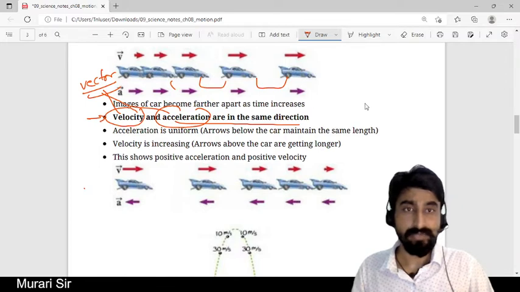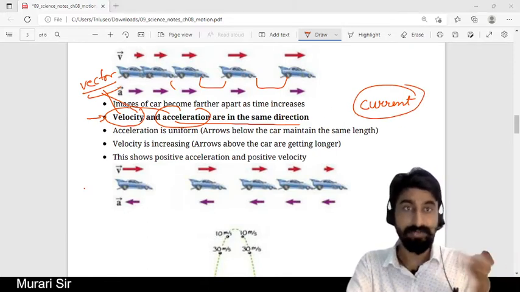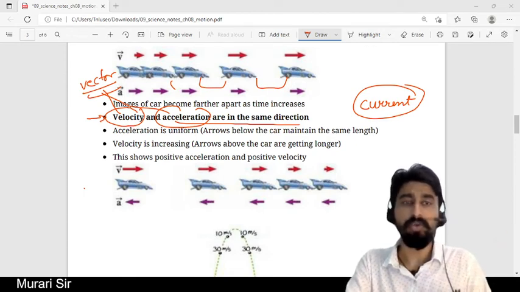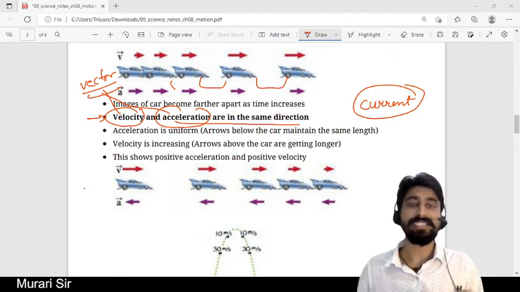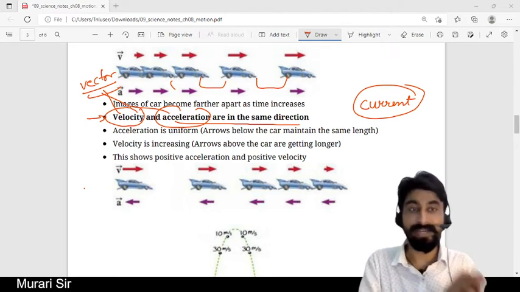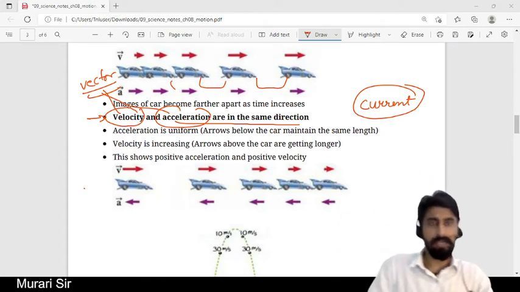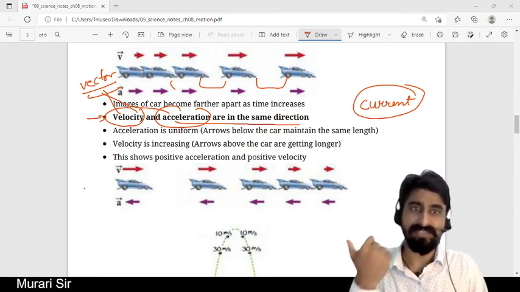Because there is one physical quantity called electric current. It has direction. Obviously, we know that current has direction. It moves from high potential to low potential, but it does not follow vector laws of addition. That is why we can say it is not a vector quantity. We will go deeper in later classes, don't worry. But right now you have to understand that vector quantities are quantities which have magnitude as well as direction.